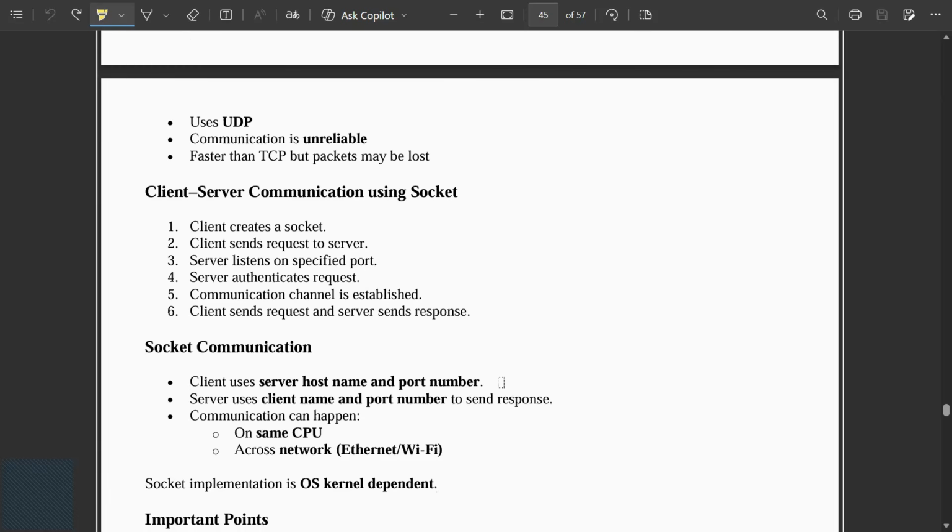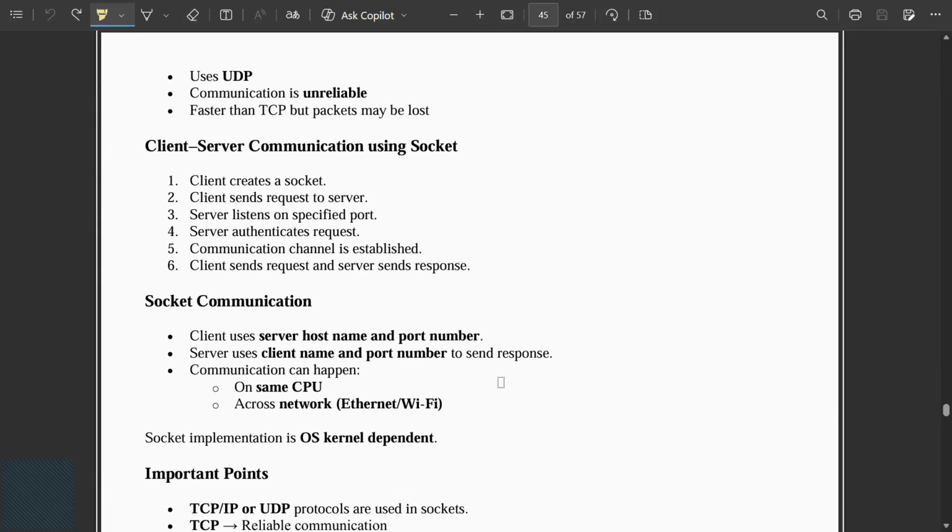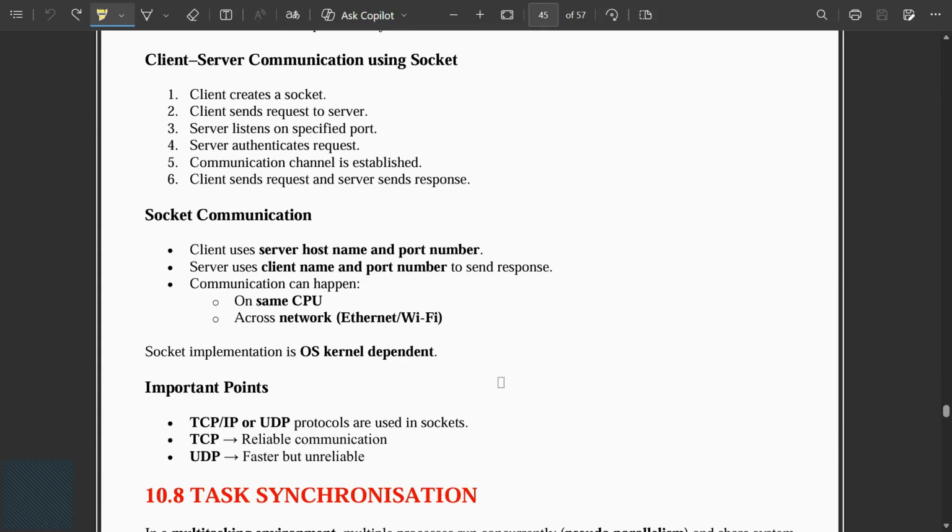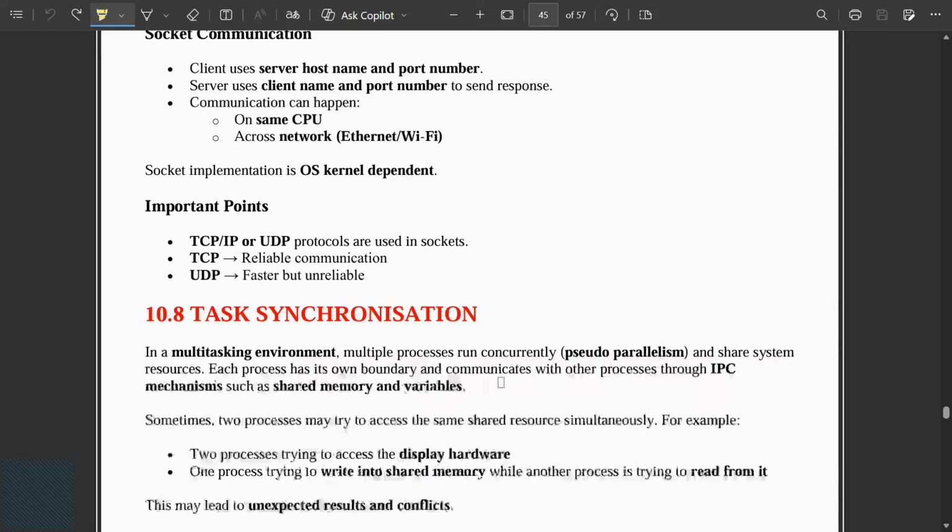Client server communication using sockets, the steps are given here: the client uses the server host name and the port number, and the server uses the client name and the port number to send the response. So communication will happen across the network. Socket implementation is OS kernel dependent.